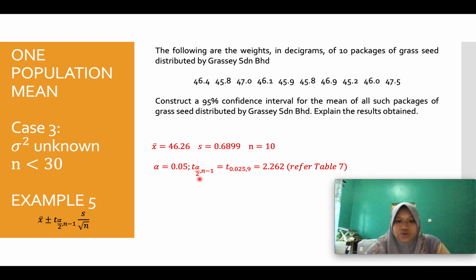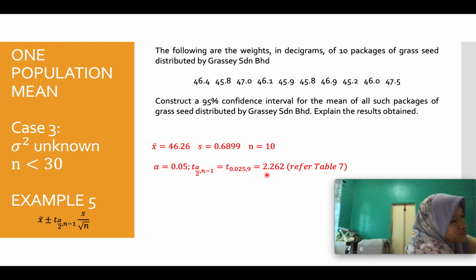So t alpha over 2, n minus 1 is t 0.025, n minus 1, and 10 minus 1 is 9. So you will get the value t 2.262. Refer to table 7.